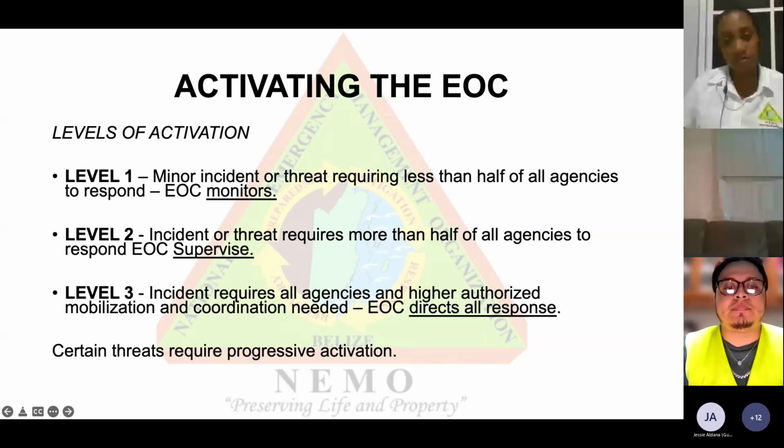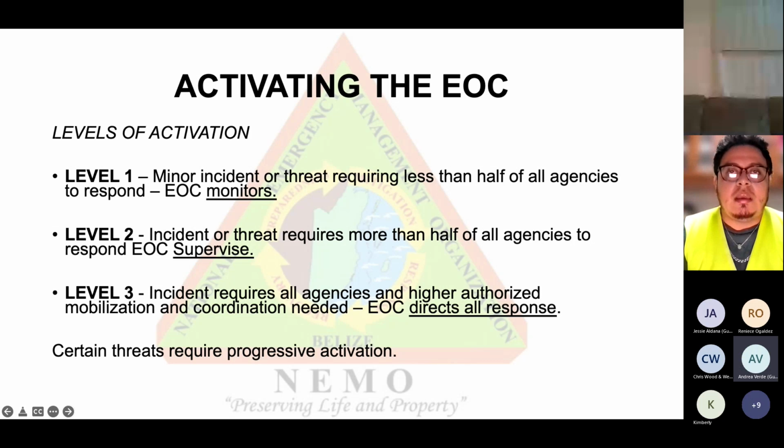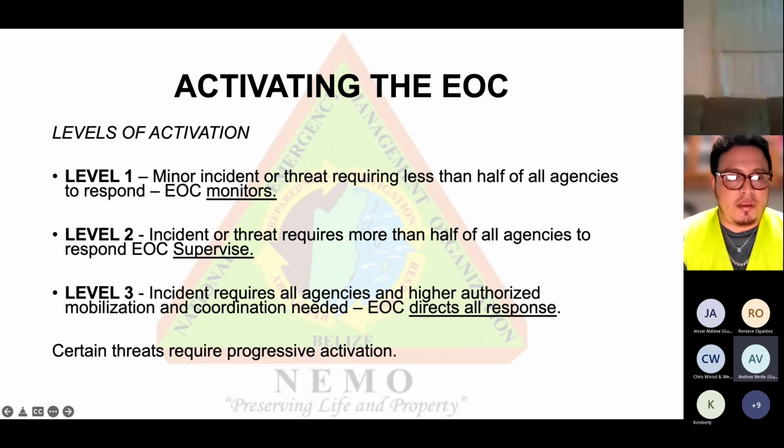Now, activating the EOC. There are different levels of activation. We have the partial activation, the semi-activation, and the complete activation, which are categorized under level 1, level 2, and level 3.